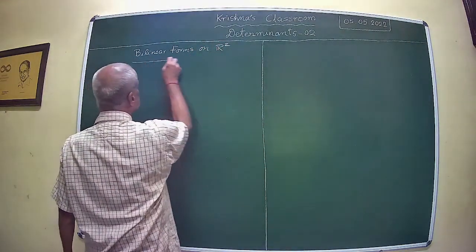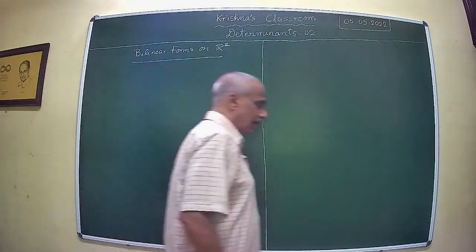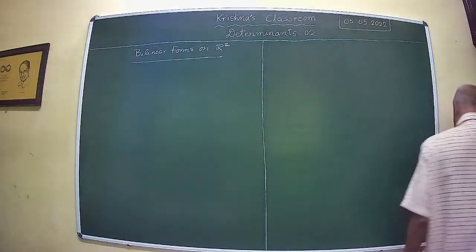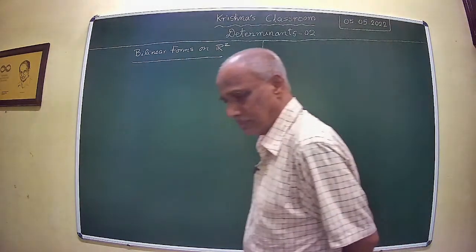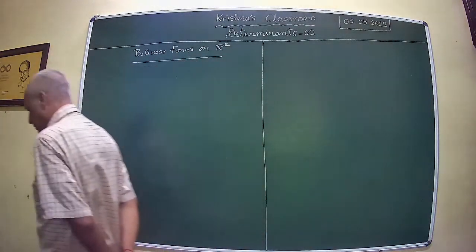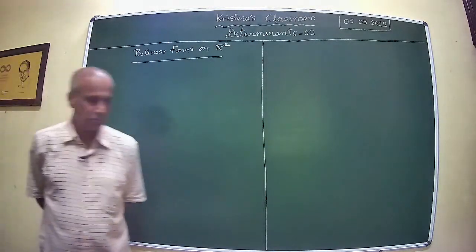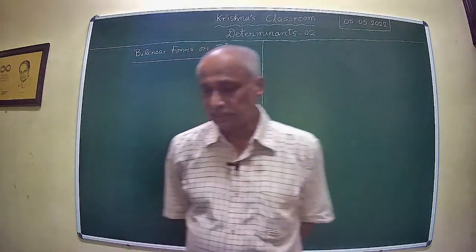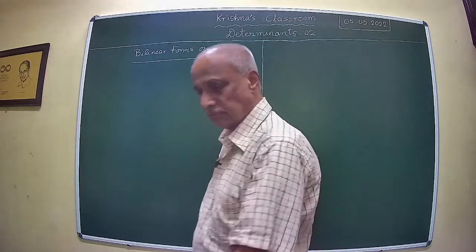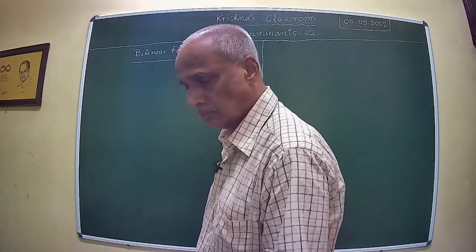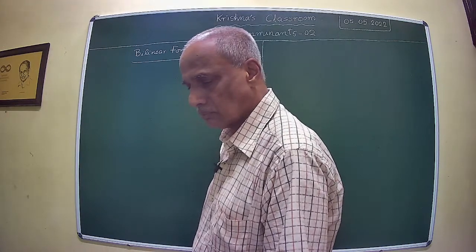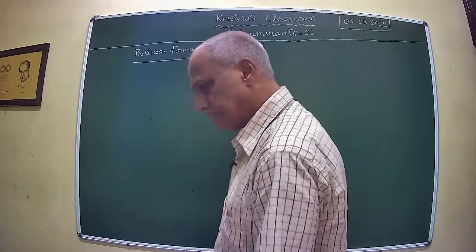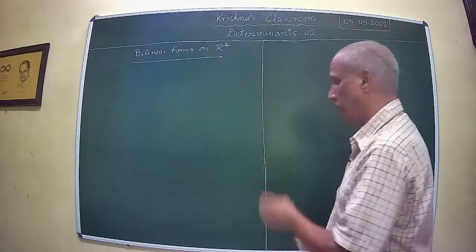Now, this is something where R2 can be replaced by F2. There is no problem. But let me not do that at this stage because our objective is to get the feeling for this. So we have seen what exactly is a bilinear form.